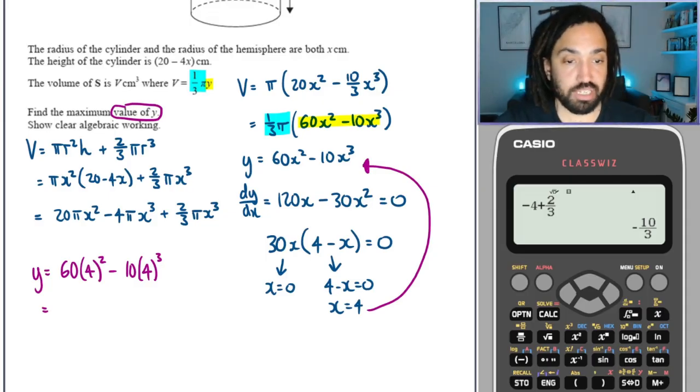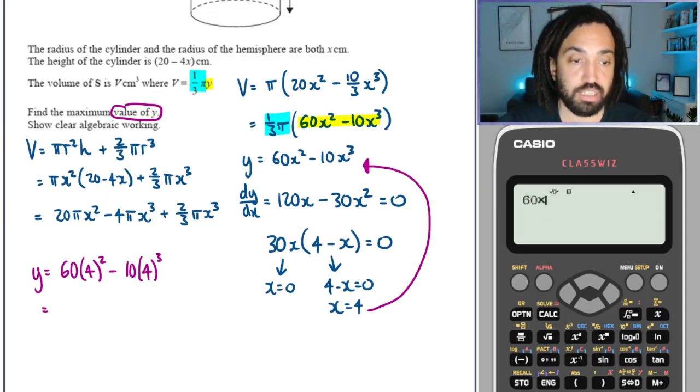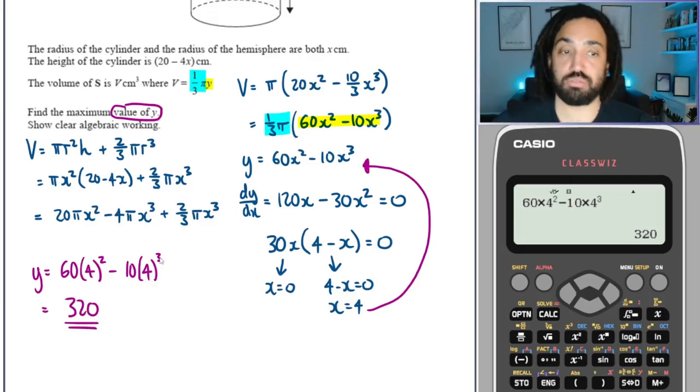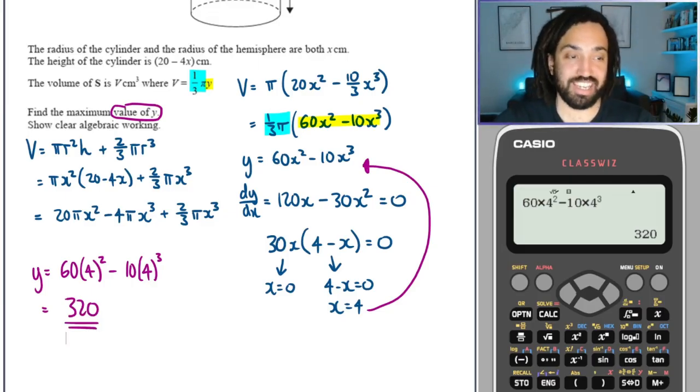Okay, so we can go to our calculator to do that. So 60 times 4 squared minus 10 times 4 cubed. 320. Beautiful. Love that question. It's almost like an A-level question.